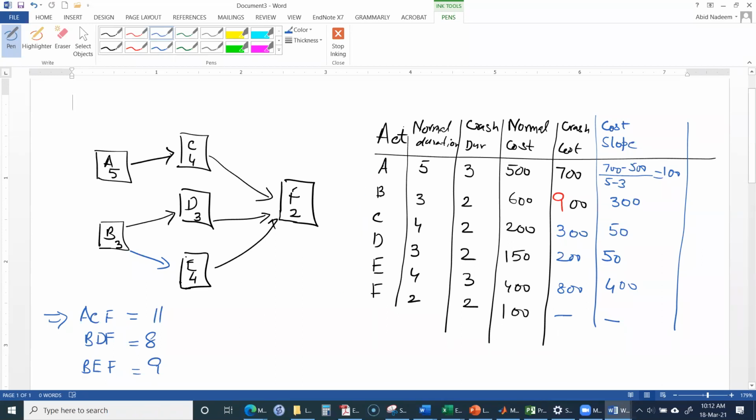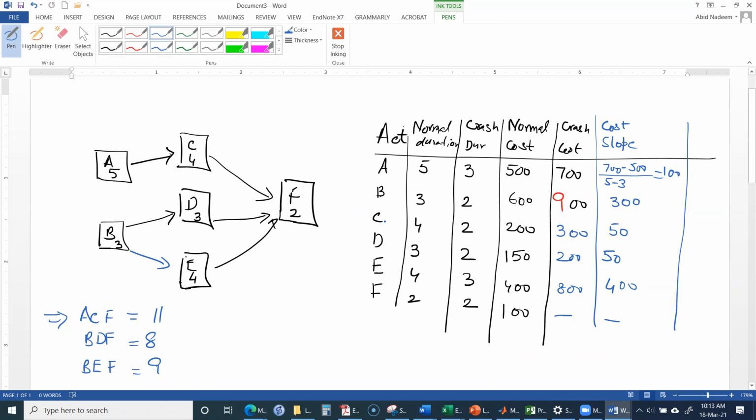F we cannot do anything about, because we cannot reduce its duration. So we can reduce either activity A or C. The cost slope of activity C is 50, the cost slope of activity A is 100.